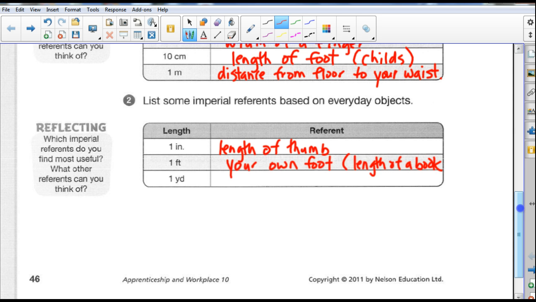And 1 yard, probably the same kind of referent as we did above for a meter. It could be approximately the distance from the floor to your waist. Because the difference between a meter and a yard is a little over 3 inches. Okay?